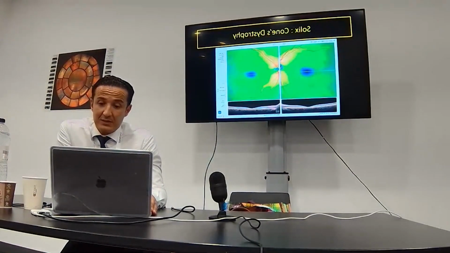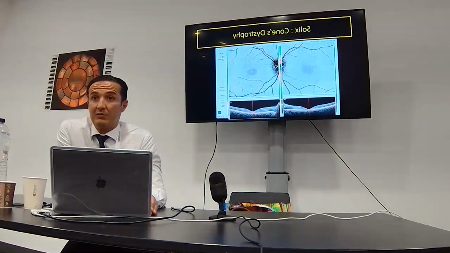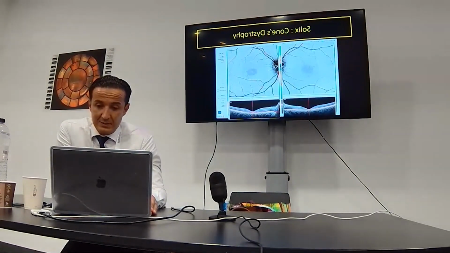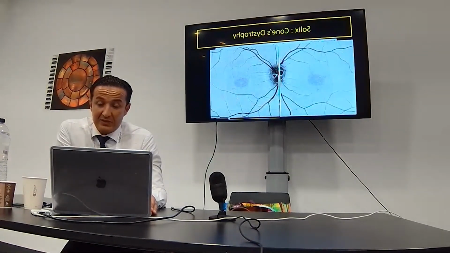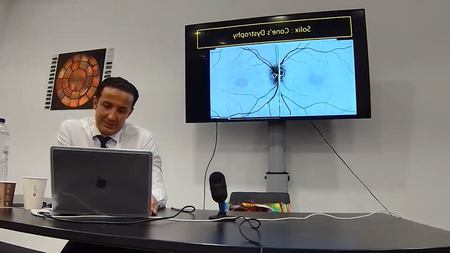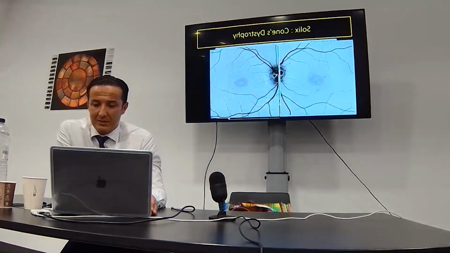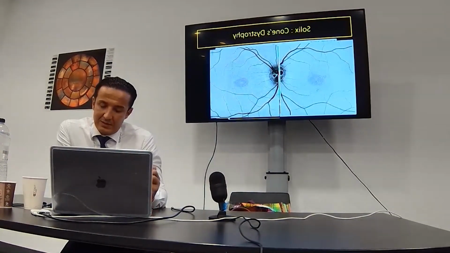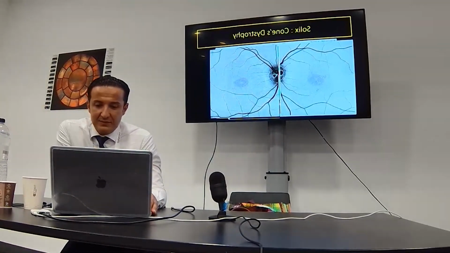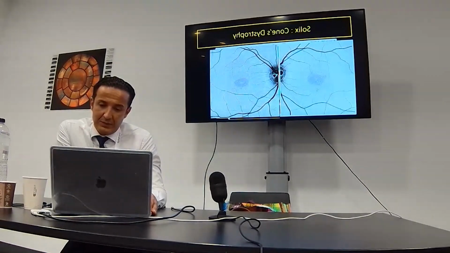Another case here of the Combs dystrophy. You observe the thinning of the foveal avascular zone, and look here with the en-face OCT, we observe the characteristic changes within the retina, especially in the outer nuclear layer. There is some change in reflectivity with alteration of the LPD complex.